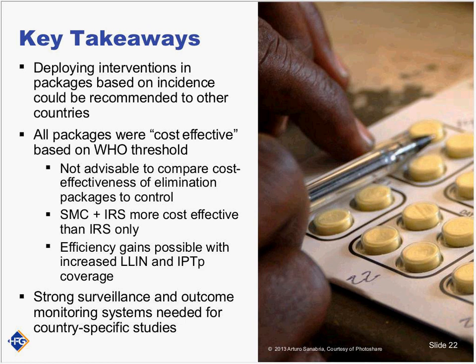We want to note that this type of study wouldn't be possible if we didn't have very detailed data on malaria surveillance. We were able to have that in Senegal, and we think this type of strong surveillance and outcome monitoring system is needed if countries want to go into this type of very specific studies.